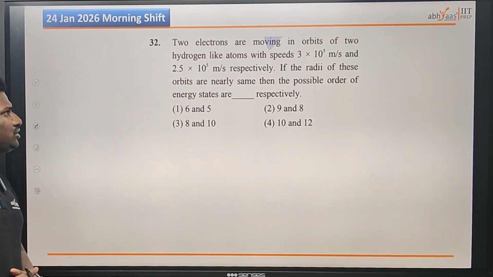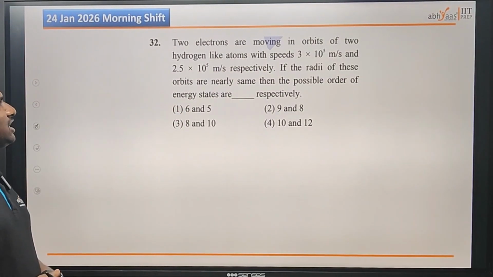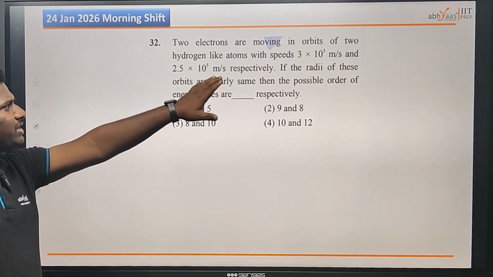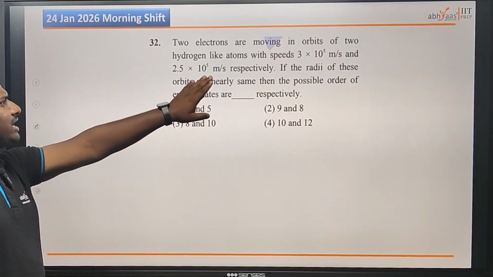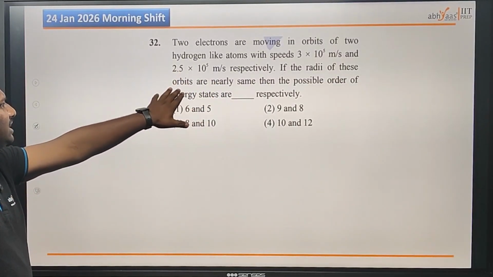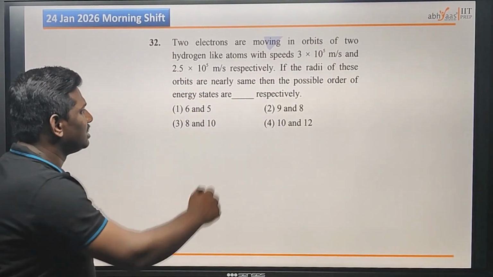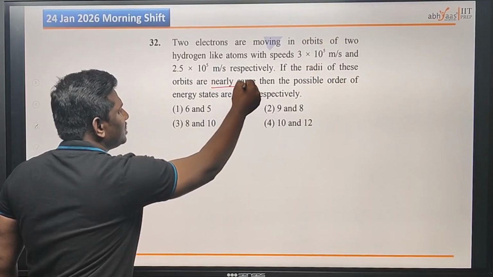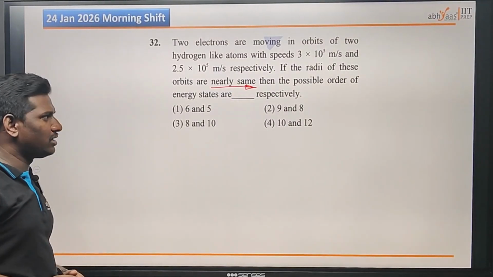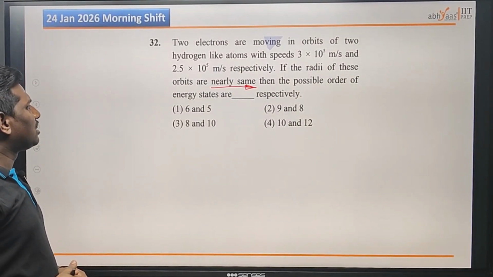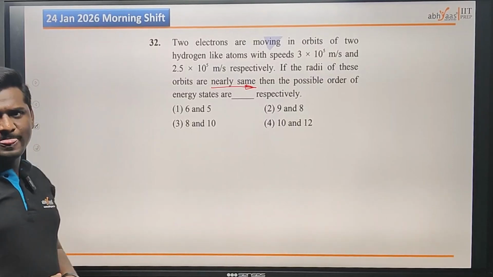Question number 32. See here, two electrons are moving in orbits of a hydrogen-like atom with the speeds. They have given two speeds, meter per second respectively. If the radii of these orbits are nearly same, this is very, very important. So R1 is equal to R2. Then the possible order of energy states are.